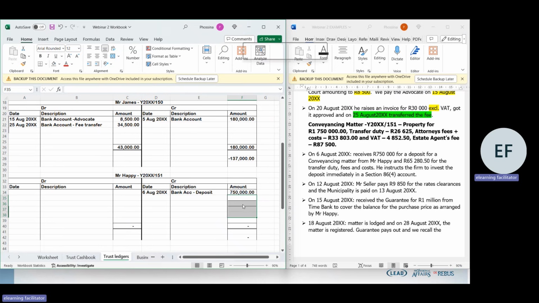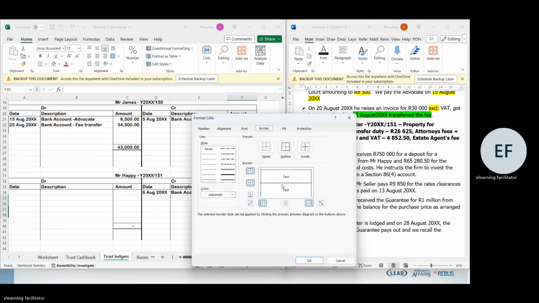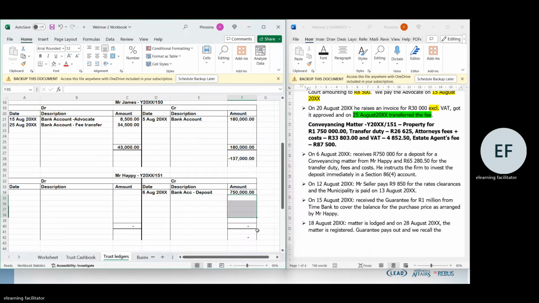I'm just going to remove these lines that are coming there, so that our ledger becomes clear. And then also on 6th August, we also received the fees plus cost. So our double entry is complete.